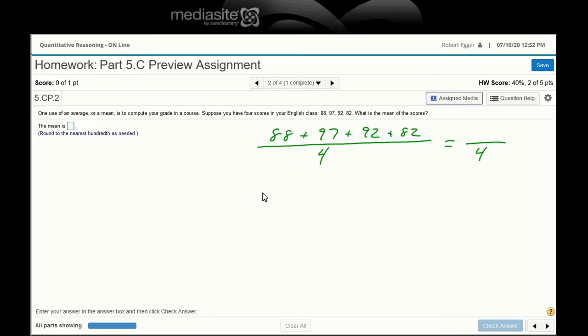Okay. So put me on pause for a few seconds, and why don't you add up those 4 numbers and see what you get. Now I added these 4 numbers up, and I got 359. Hope you all got something similar. And divide that by 4.